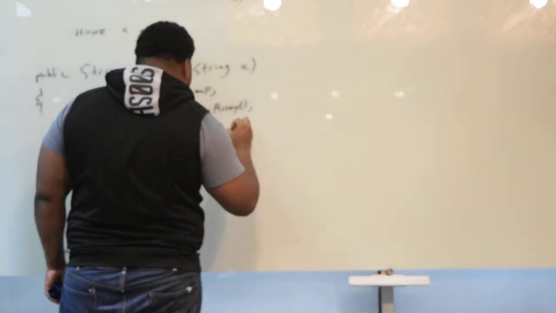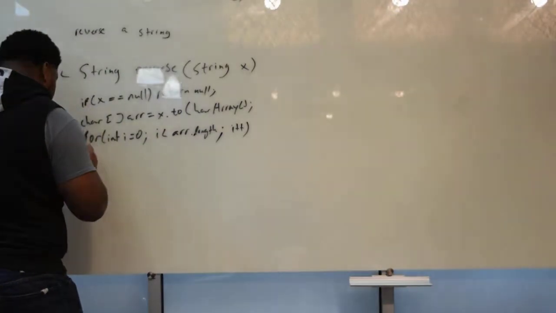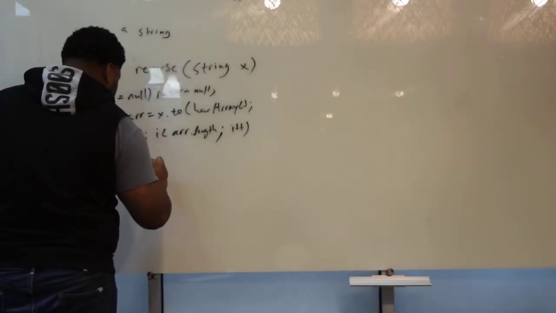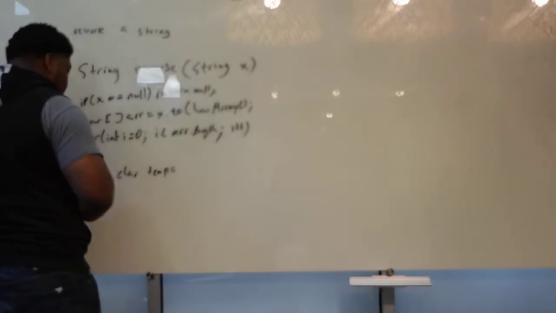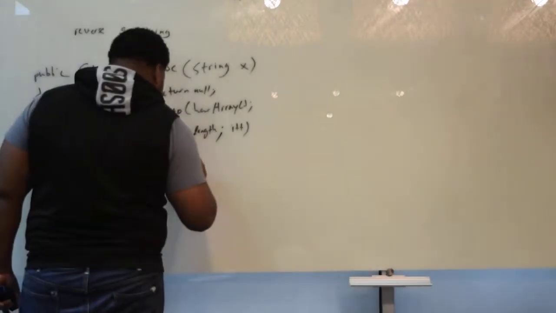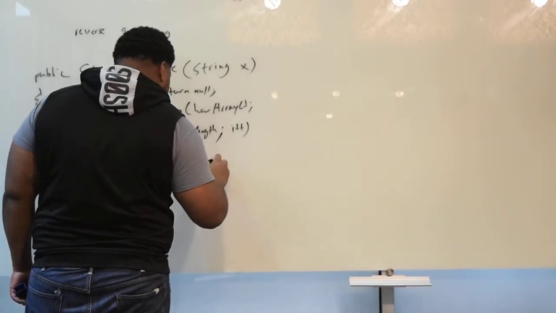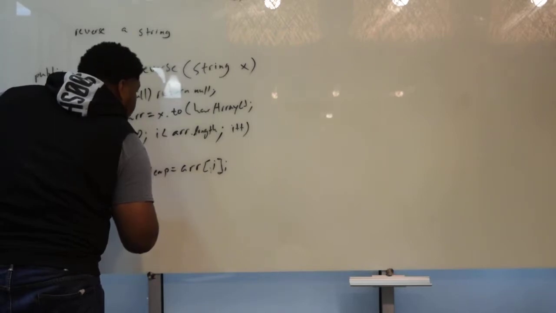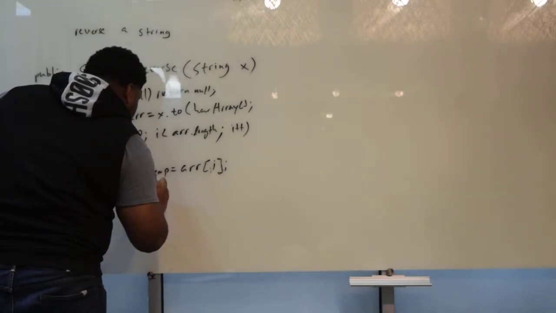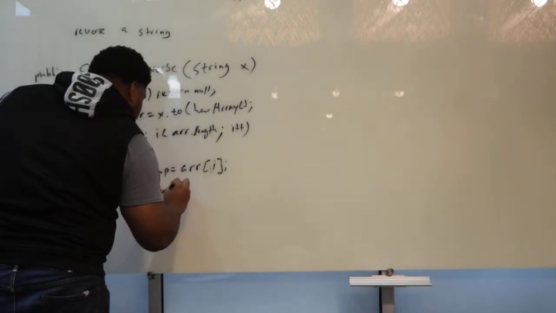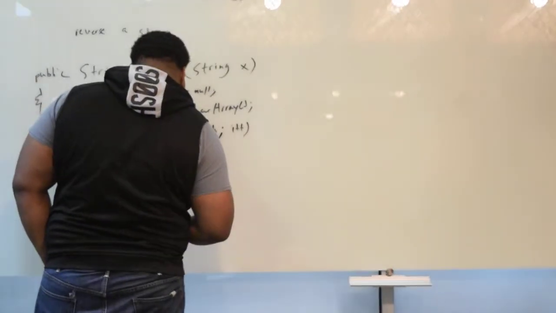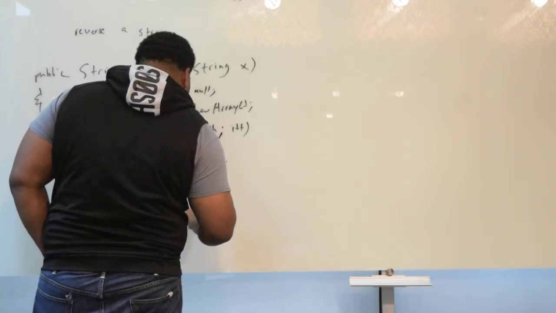So, i plus plus. And then we say char temp is equal to array of R length minus 1 minus i is equal to, sorry, reverse that.